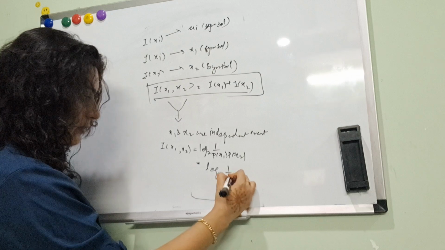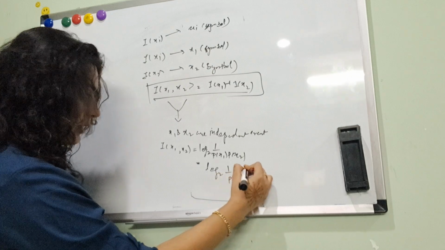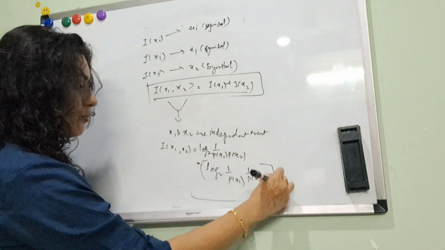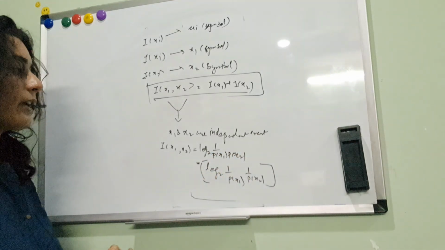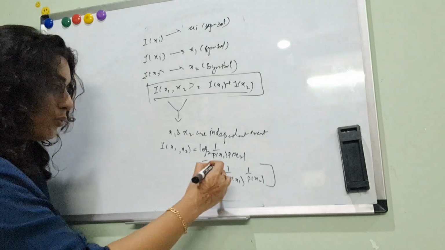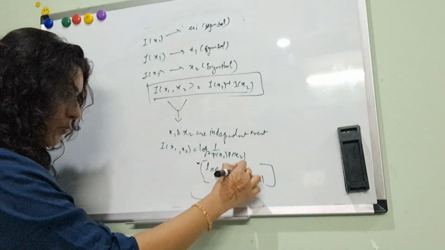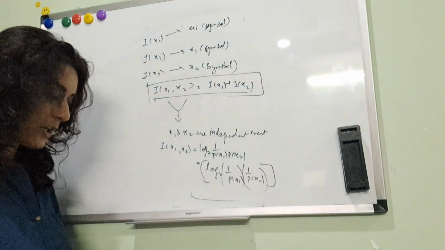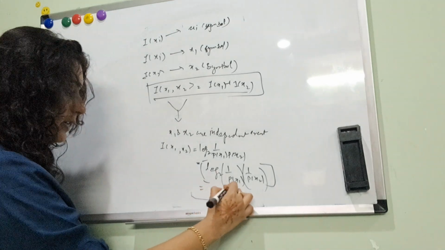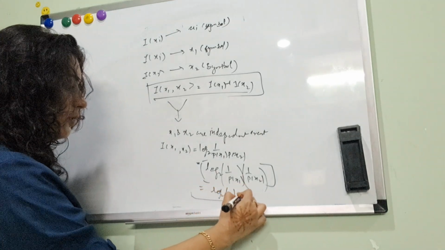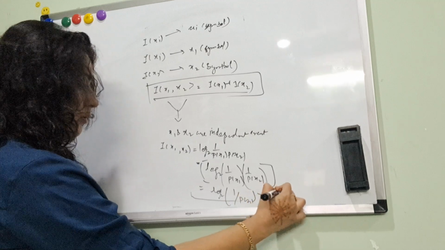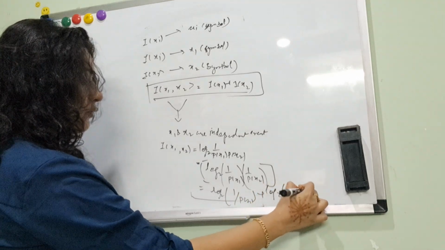With some log properties, I can rewrite it as log 2 of bracket 1 over px1 times 1 over px2, and again I can rewrite it as log 2 1 over px1 plus log 2 1 over px2.